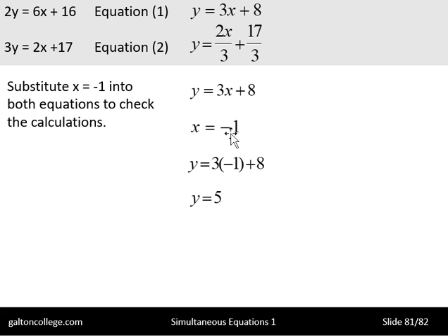Once you've solved for x, put that solution into one of the equations. You can put it into both if you wish, you still get the same answer. So x becomes minus 1, do the calculation, and you find y equals 5. And that's the solution to a simultaneous equation.